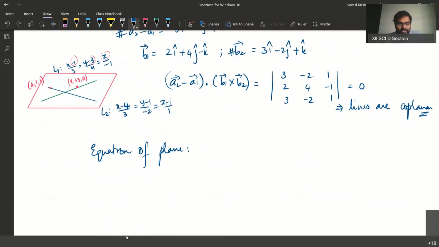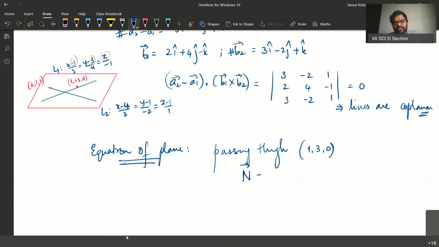Let me take 1, 3, 0. This plane passes through 1, 3, 0, and let the normal be Ai + Bj + Ck. These capital A, B, C are the direction ratios of the normal to the plane.